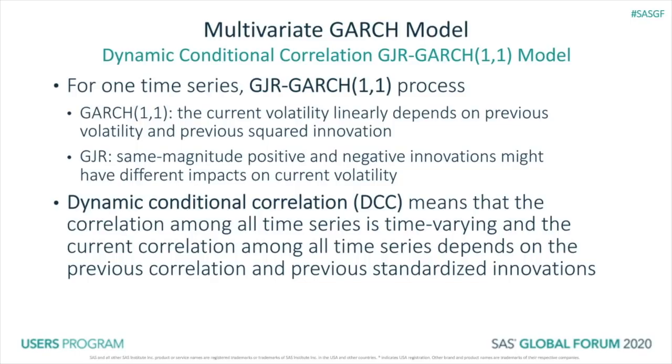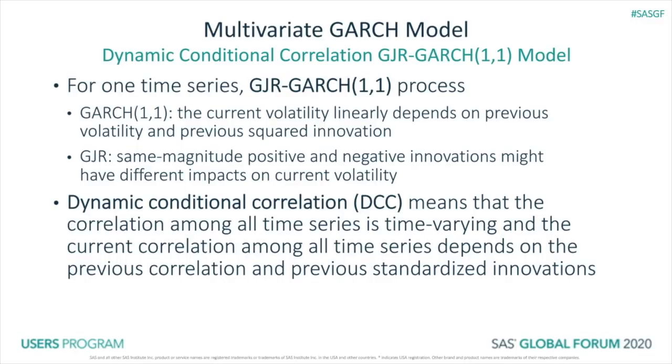One is that for each time series, you use the GJR-GARCH(1,1) on it. The GARCH(1,1) means the current volatility only depends on the previous volatility and the previous squared innovation. And the GJR part is about news impact, which we'll talk about later.